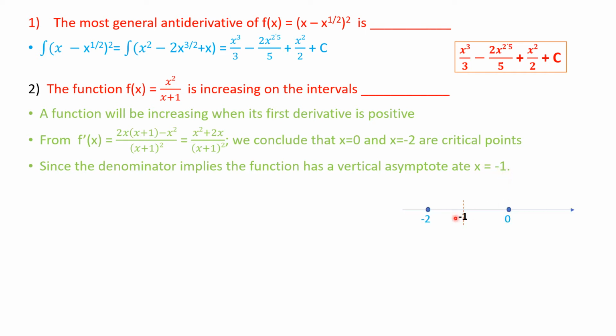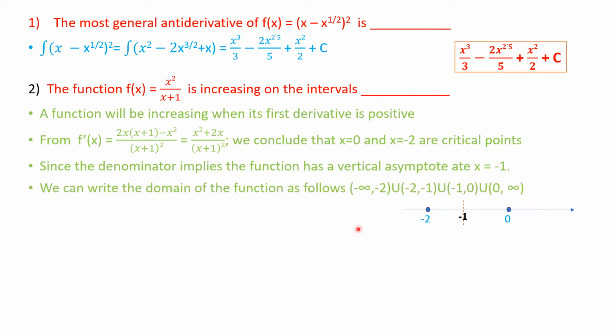So now that we have identified the critical points and the asymptote, we can look at them over here. We have one segment of the function to the left of the critical point at negative 2, so from negative infinity to negative 2 we have to examine the function. Then from negative 2 to negative 1, where the vertical asymptote is, is a different segment, the third segment is from negative 1 to 0, and the last segment is from 0 to infinity.